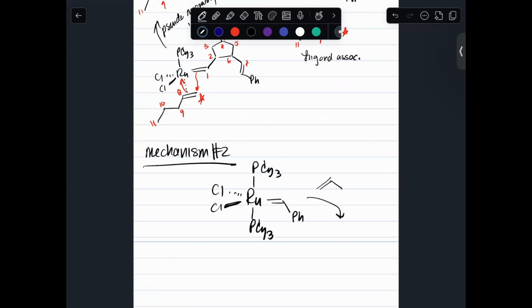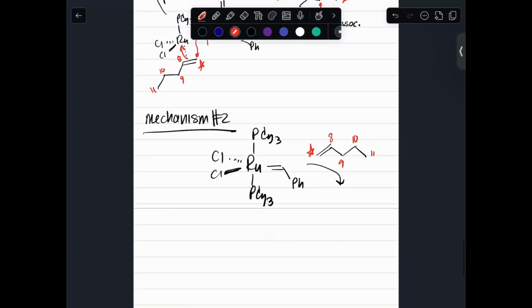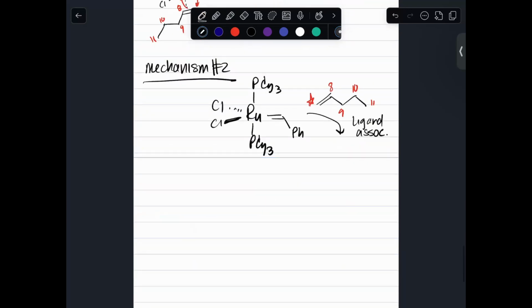I'll continue to also number my carbons, just like I did before. The mechanism doesn't change. First step is ligand association. The rules don't change in the sense that you always want to add the ruthenium to the internal carbon, i.e., the more substituted carbon.